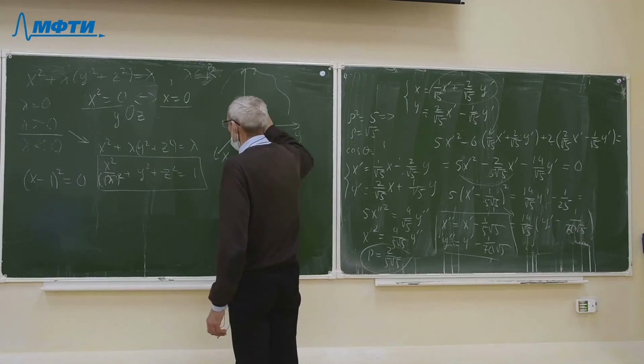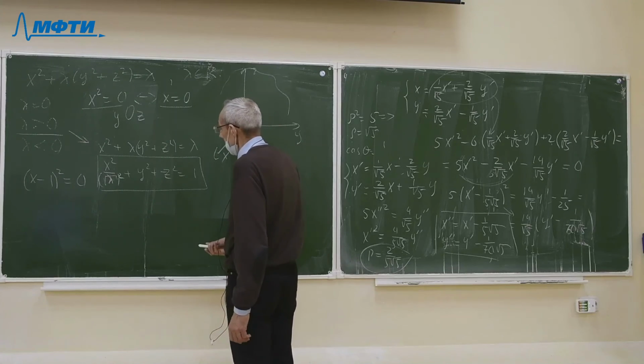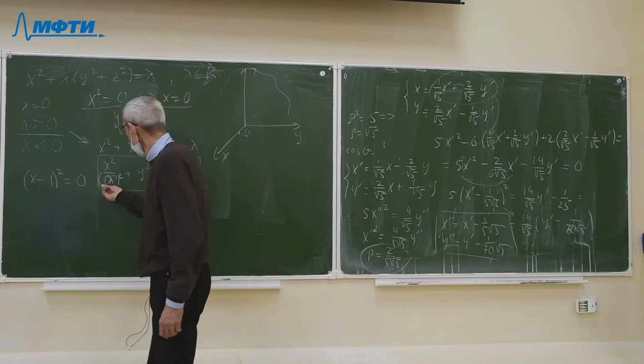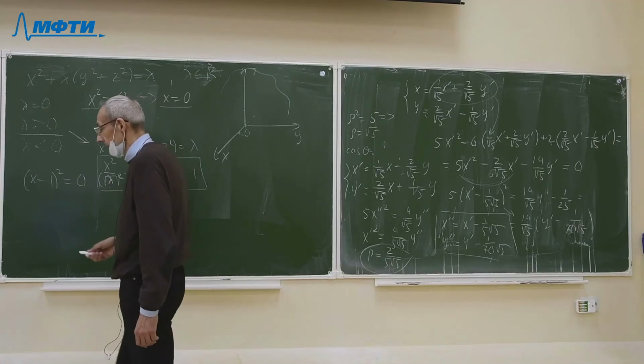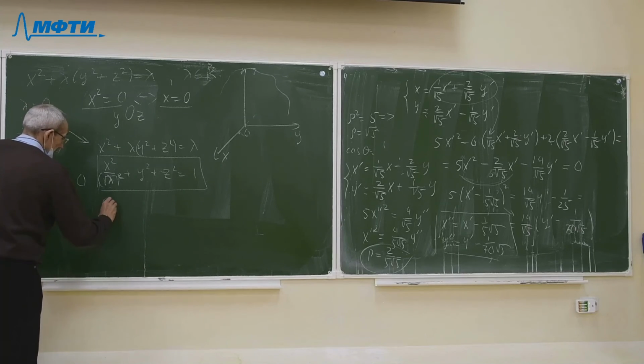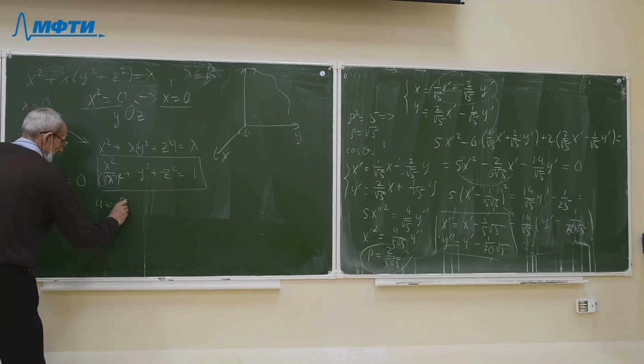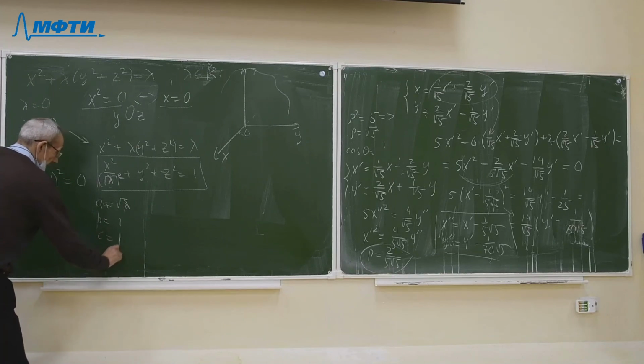And it is easy to draw this ellipsoid. The size along the x parameter a in the general equation of the ellipsoid: we have a equal to the square root of lambda, b equal to 1, c equal to 1.